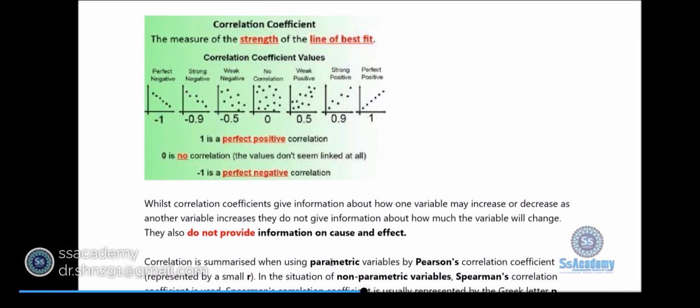So once again, the summary. The correlation coefficient is the strength of the line of best fit. Plus 1 is a perfect positive, 0 no correlation, and minus 1 is a perfect negative. Make a box.